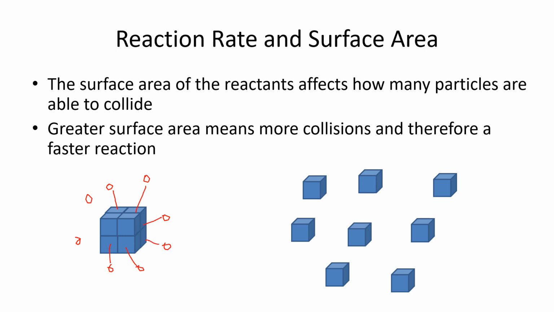The internal parts of this chunk of reactant aren't going to be able to react to give you any more product. And if you bust it up, if you take this same cube and make 8 small little cubes out of it, then you have a lot more access for the particles to hit each other on a lot more surfaces. And so greater surface area generally means a faster reaction.